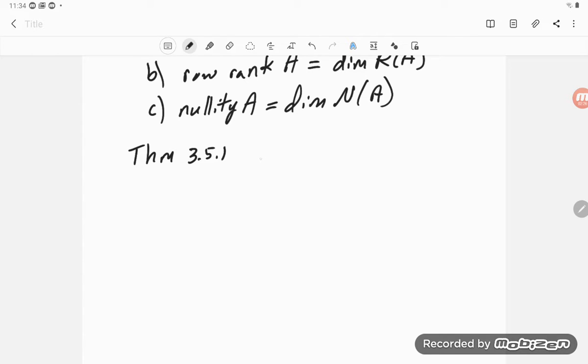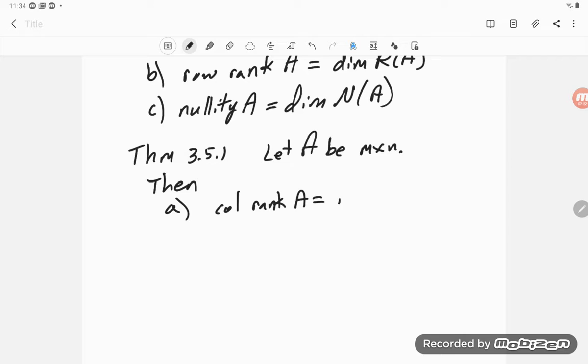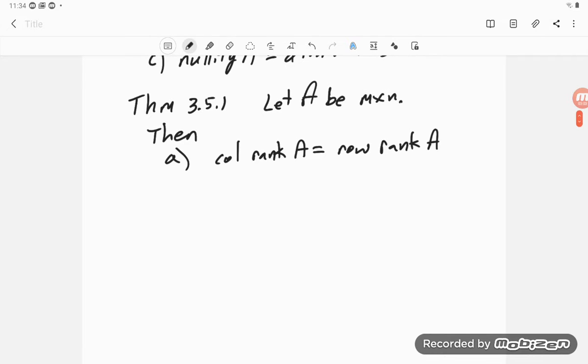Theorem 3.5.1, and so we've got the same matrix, so we let A be m by n, then we have a couple of things. One is that the column rank of A is equal to the row rank of A. So actually all we really need to talk about is the rank of A, because they're the same.